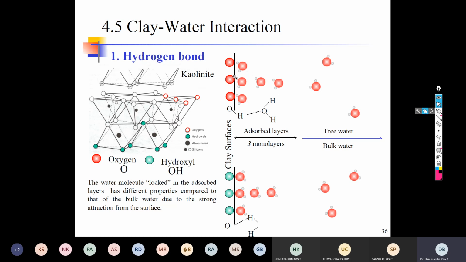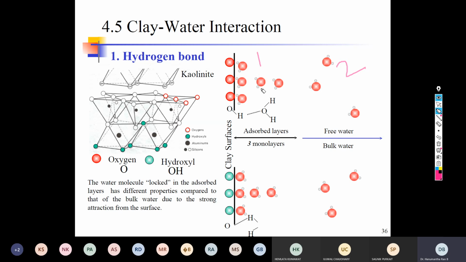Now another question: is the adsorbed layer influenced by the gravitational force? If the electrostatic force is greater than the gravitational force, then it will stay there. See here, one is the adsorbed layer, two is the free water.